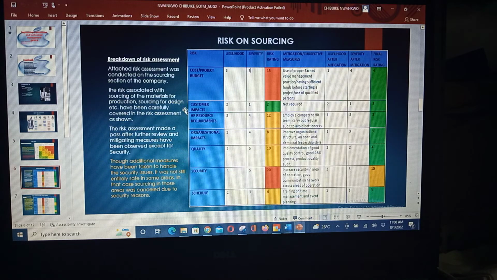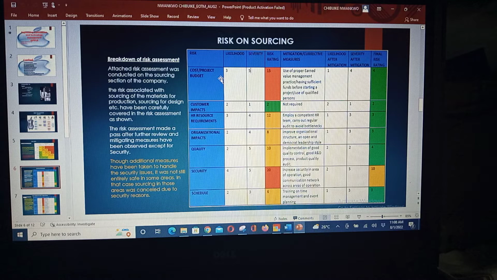My first risk assessment from my table of content is the sourcing. The sourcing covers the cost of the project budgets, customers' impact, HR resource requirements, organizational impact, quality, security, and schedule.